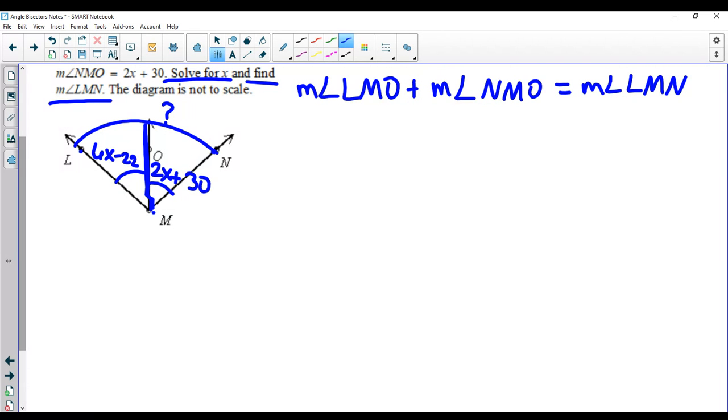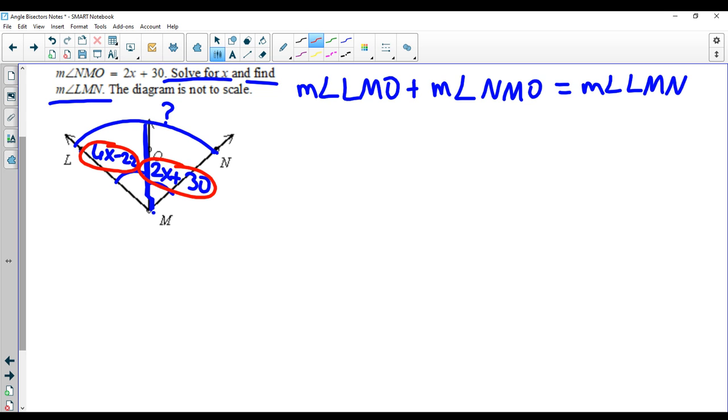Now, let's go back to our diagram. Looking at that blue equation I just wrote, I know nothing about the measure of angle LMN. So I can't use this blue one just yet. Okay, switching colors. What I do know is that because angle LMN is bisected, this expression and this expression have to be the same.